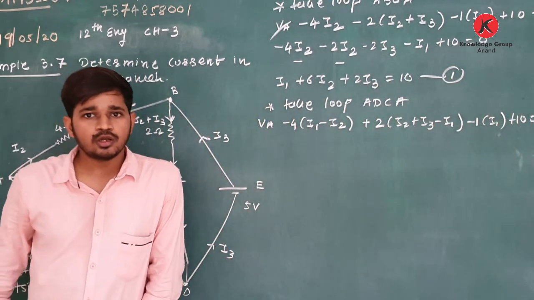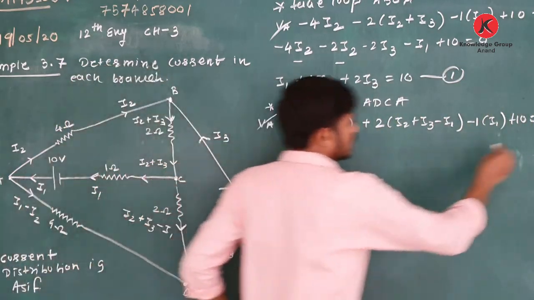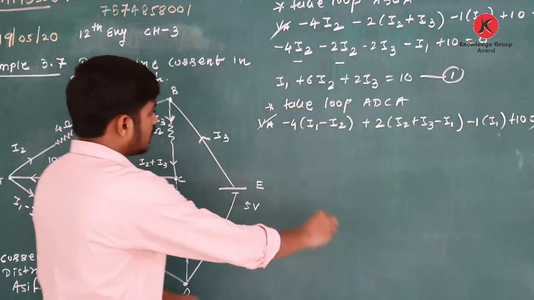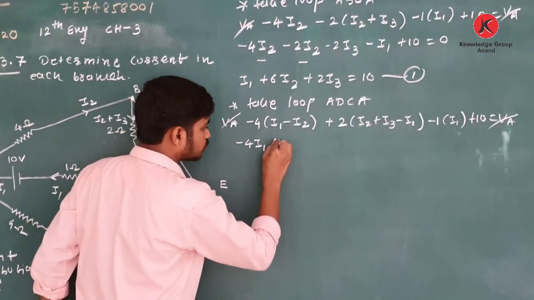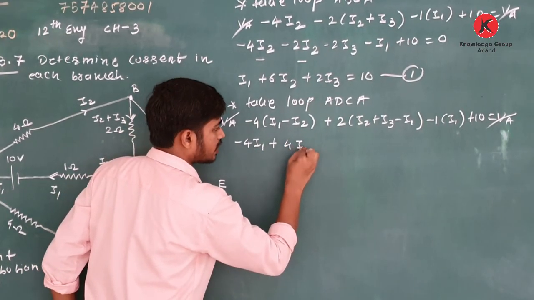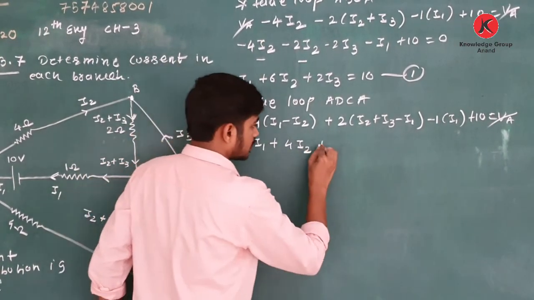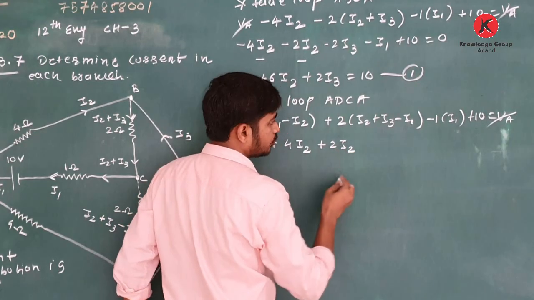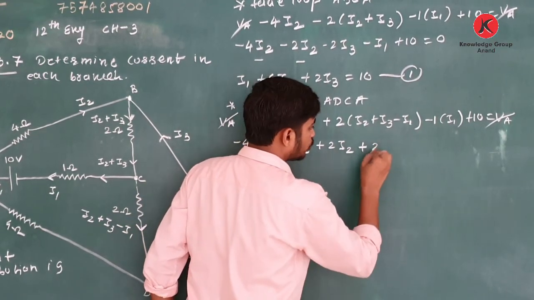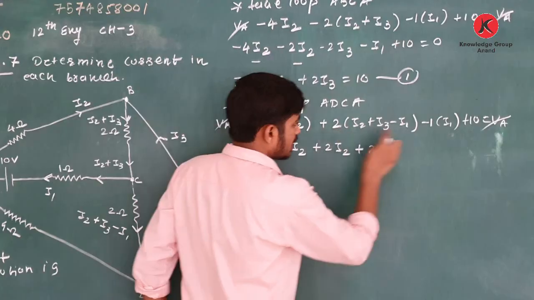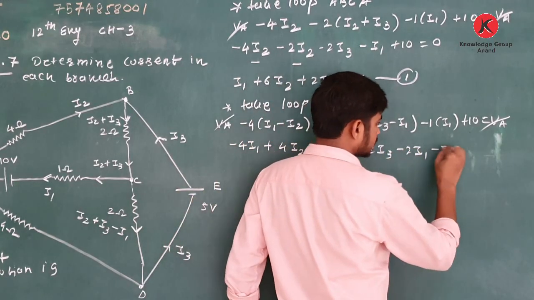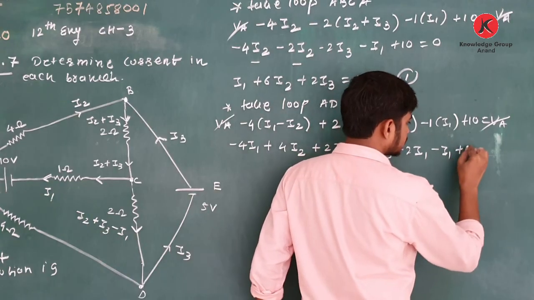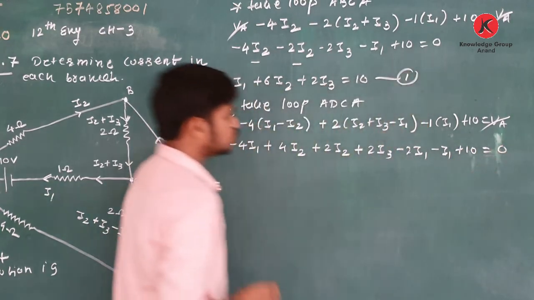Clear about this? Okay, now simplify it. See, V cancels. Minus 4 I1, minus minus will become plus 4 I2, plus 2 I2, plus 2 I3, minus 2 I1, minus I1, plus 10 is equal to 0.